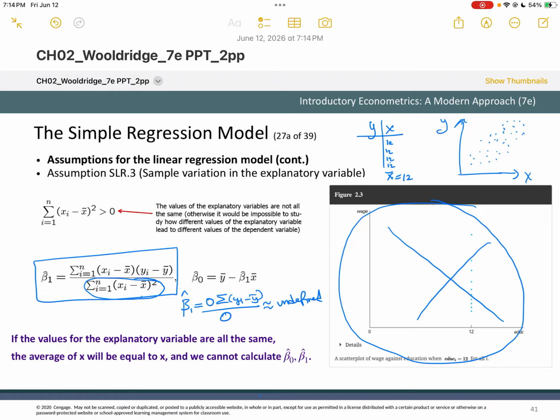But we want to have enough variation such that if we were to visually inspect the scatter plot with y on the y-axis and x on the x-axis, we will have something like this.